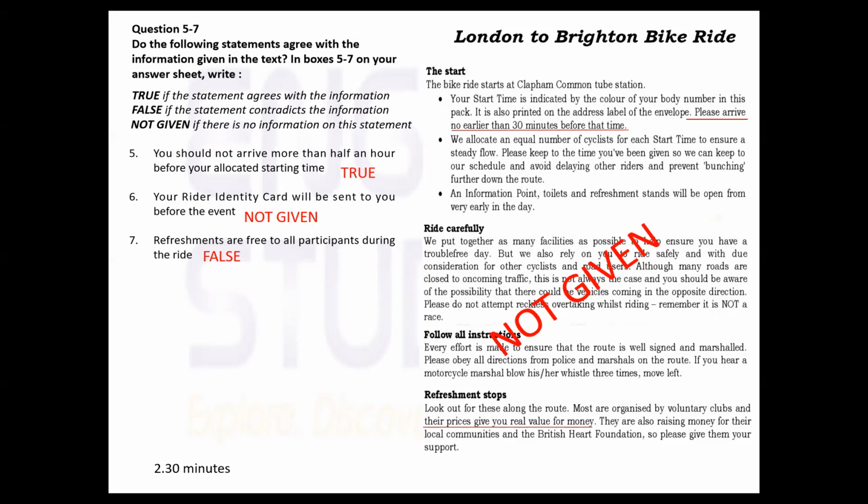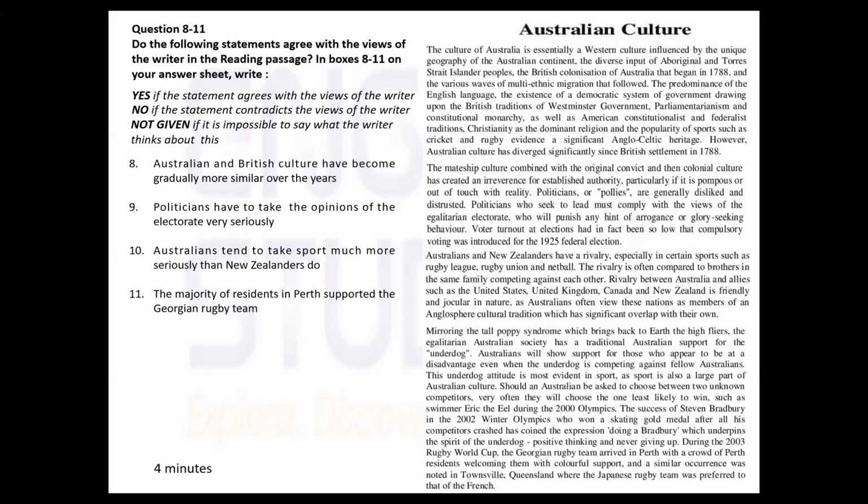Let's move to the last questions we have today. Number 8 to number 11. Mr. Haris, could you please answer number 8? My answer is false, since we can find the keyword in the last sentence of the first paragraph. Australian culture has diverged significantly. Okay, good job. Number 8 is false because here we have Australian and British culture have become gradually... Oh, sorry.